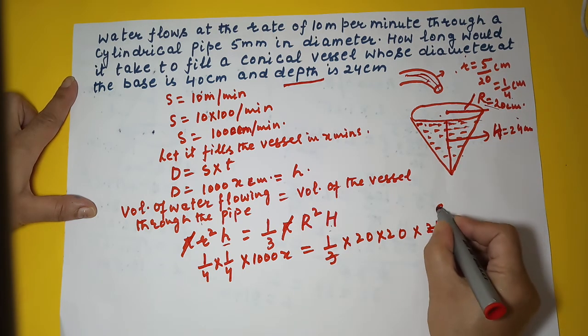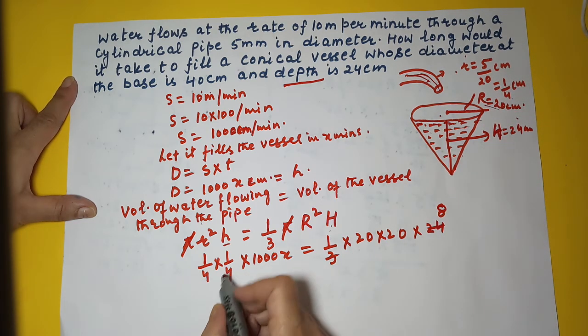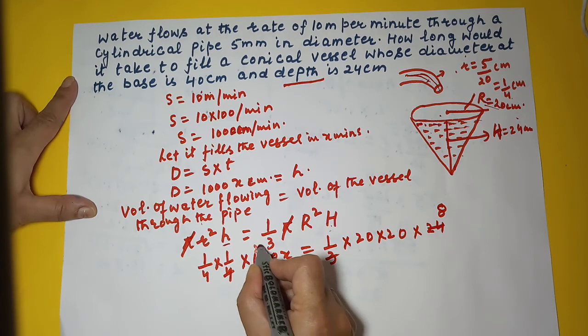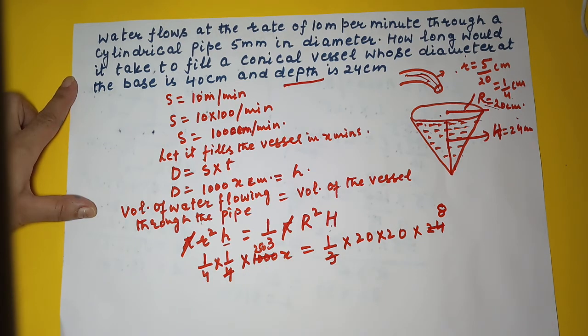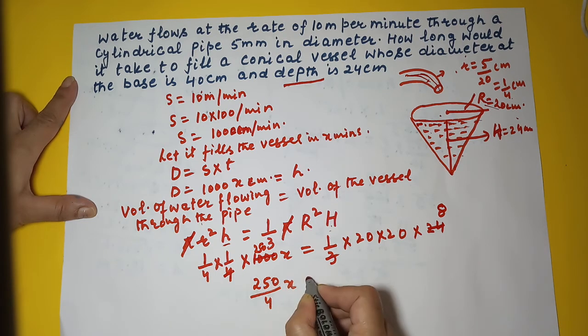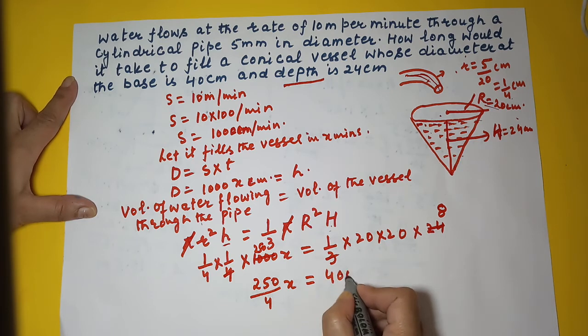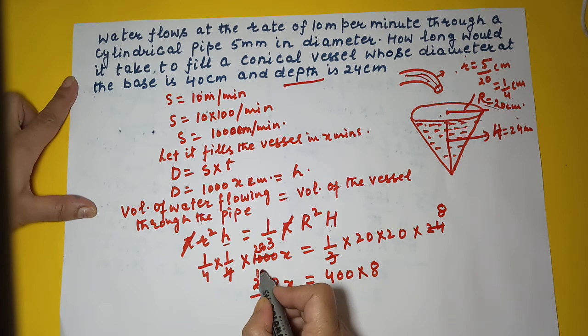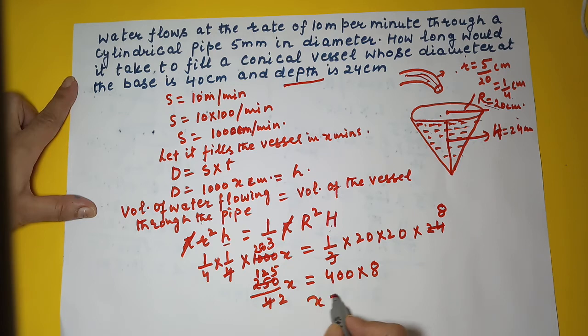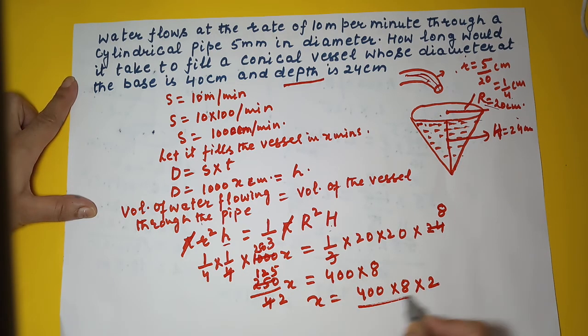So 3 8s are 24. So we have 250 upon 4 into x is equal to, this will be 400 into 8. Cross multiply, you get x as 400 into 8 into 2 upon 125, right?